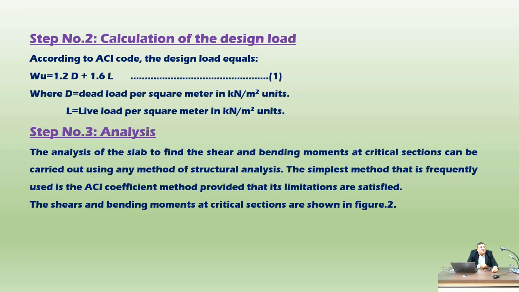According to ACI code, the design load W_U equals 1.2 dead load plus 1.6 live load, where D equals dead load per square meter in kilonewton over square meter units, while L is the live load per square meter in kilonewton per square meter units.